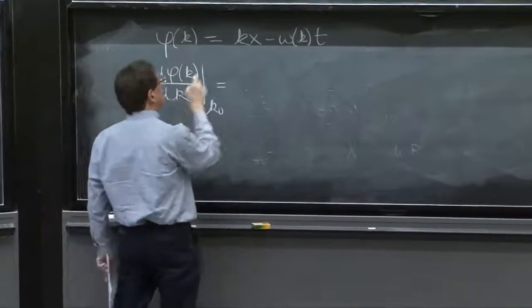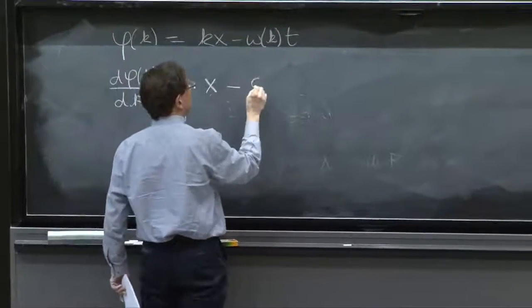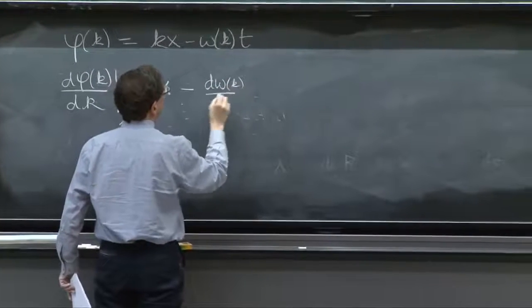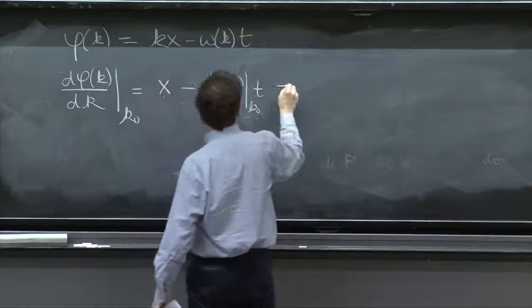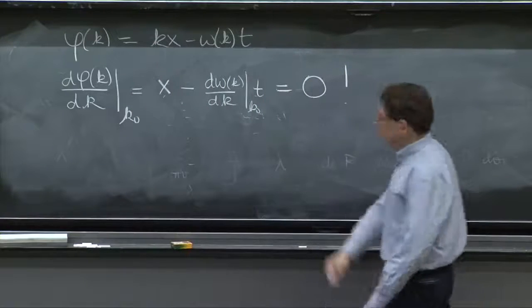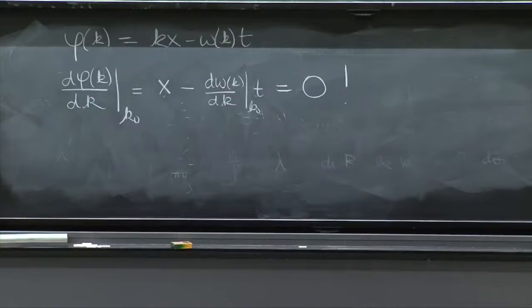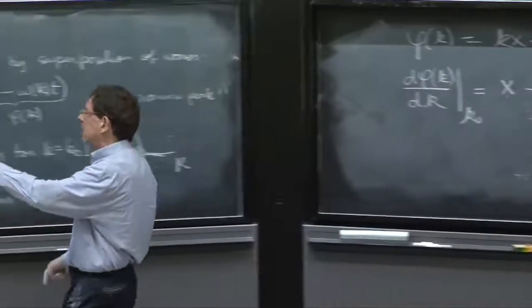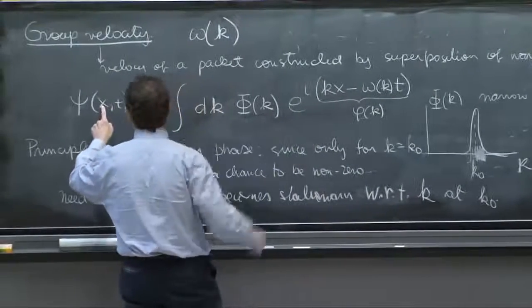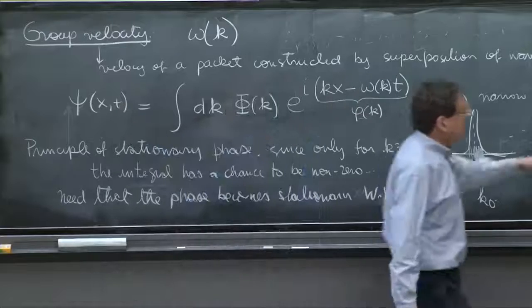So the derivative with respect to k is x minus d omega of k dk at k naught times t must be 0. Stationary phase. The phase has a stationary point. And look what you get. It says there that you only get a contribution if this is the case. So the value of x, where you get a big bump in the integral, and the time t are related by this relation.